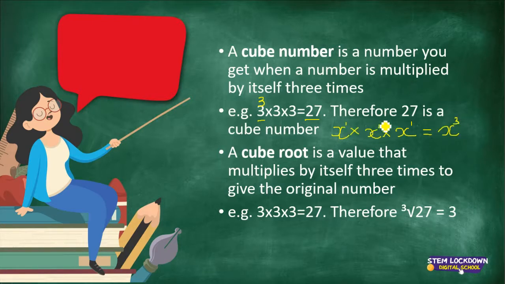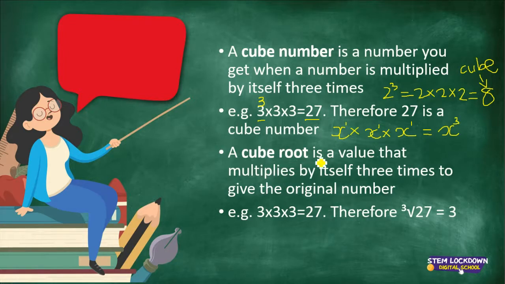If you're looking at 2 cubed, it will be 2 times 2 times 2. 2 times 2 is 4, times 2 is 8. So this is a cube number. 27 is a cube. x to the power 3 is a cube.